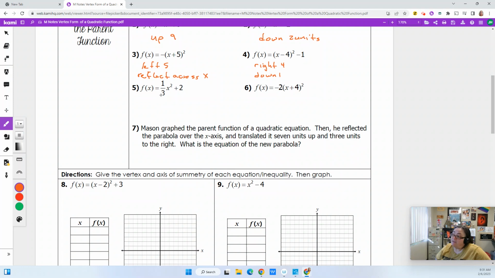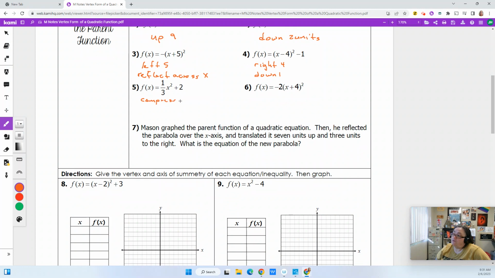In this case, this is a vertical compression by 1/3. So this will compress or shrink vertically by 1/3. What else is happening on here is it's also going to be moved up 2 places.